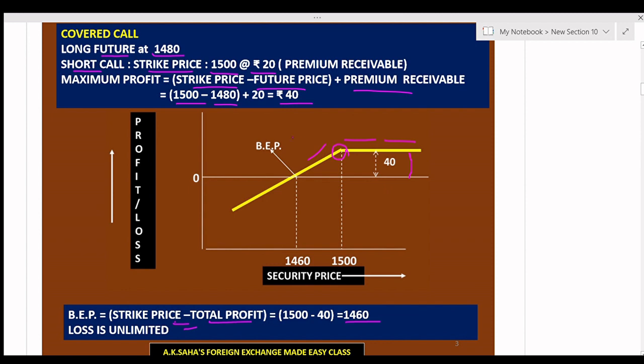When the market moves downwards, this profit will gradually decrease, and at the point of BEP it will be nil, and if it crosses it downwards, then the losses will start. It will increase gradually and it may extend up to an unlimited level. This is the diagram.